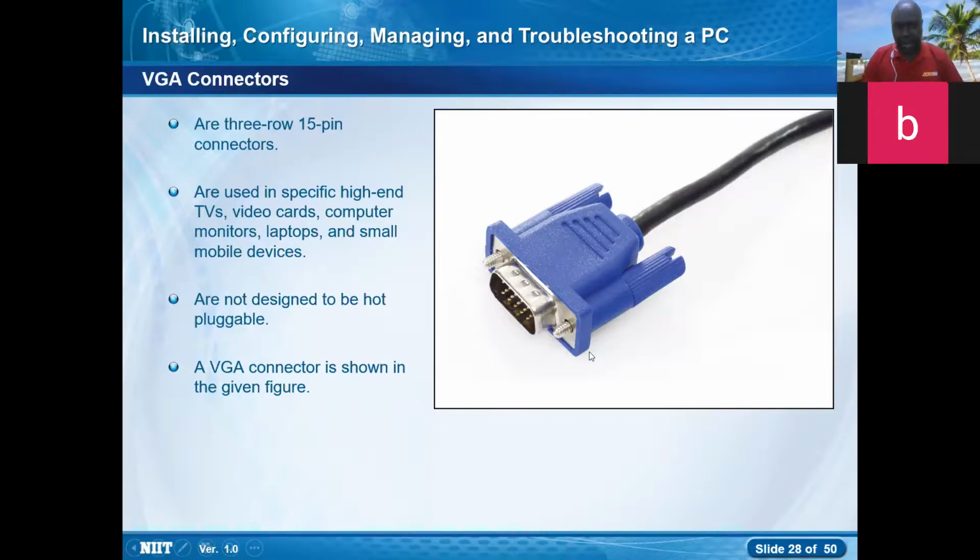So the things to note about a VGA connector: it consists of 15 pins, which are arranged in 3 rows. It's color-coded blue, and it's mainly used for connecting display output devices such as monitors and projectors.